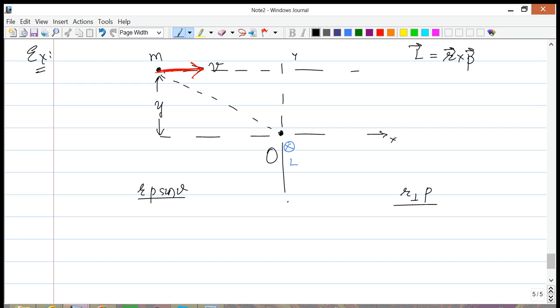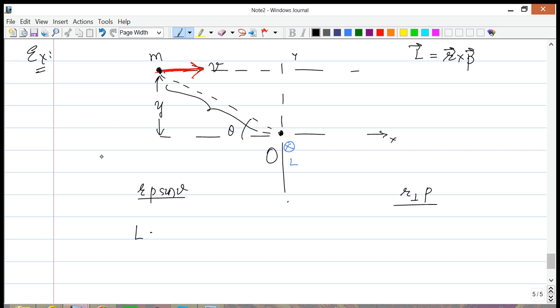In order to do this, we need to find the distance from the origin first. So let's just call this angle theta, and if the y displacement is y, then the hypotenuse here ends up being equal to y divided by sine theta.